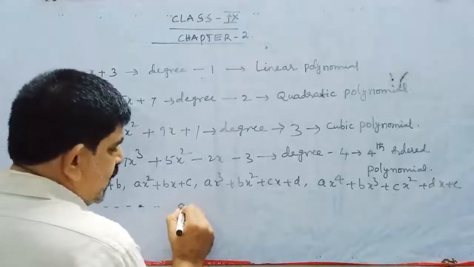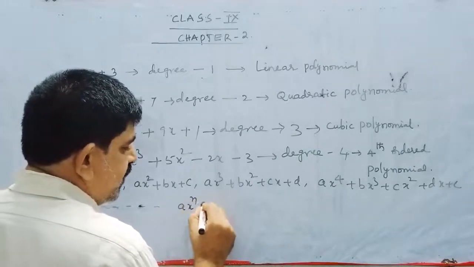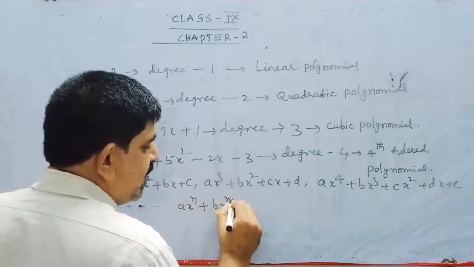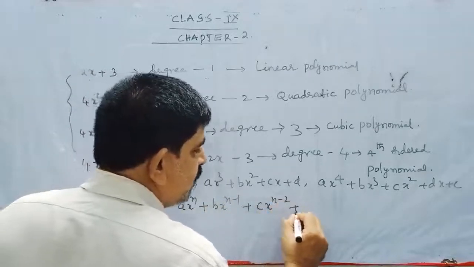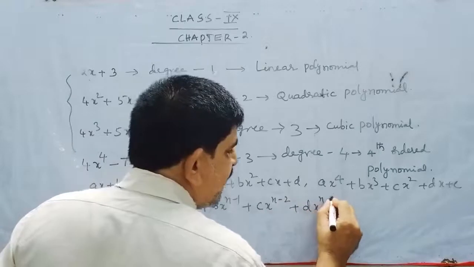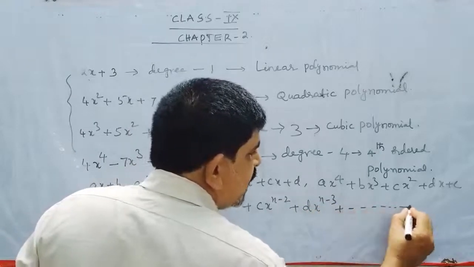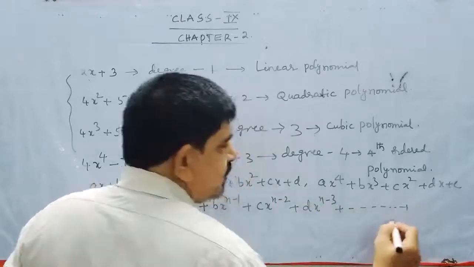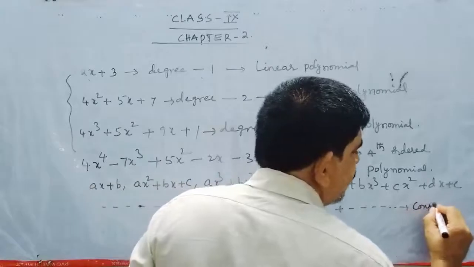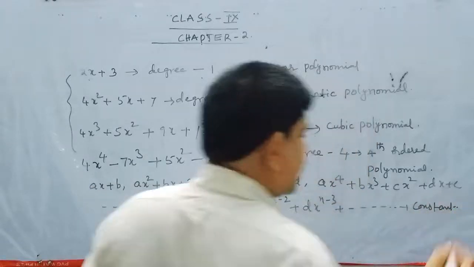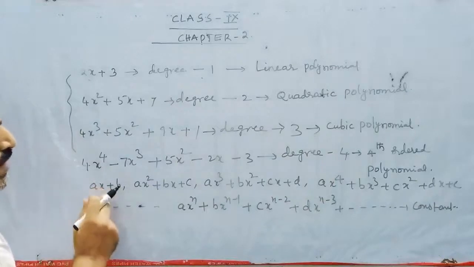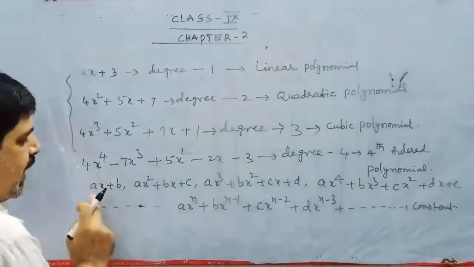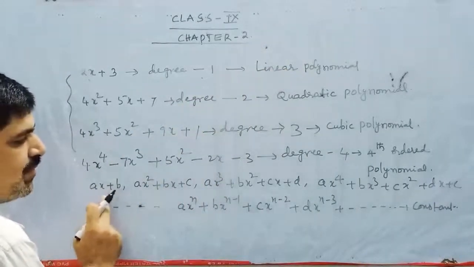Ax to the power of n plus bx to the power of n minus 1 plus cx to the power of n minus 2 plus dx to the power of n minus 3 plus and so on, plus a constant. Here ax plus b is the general form of a linear polynomial.